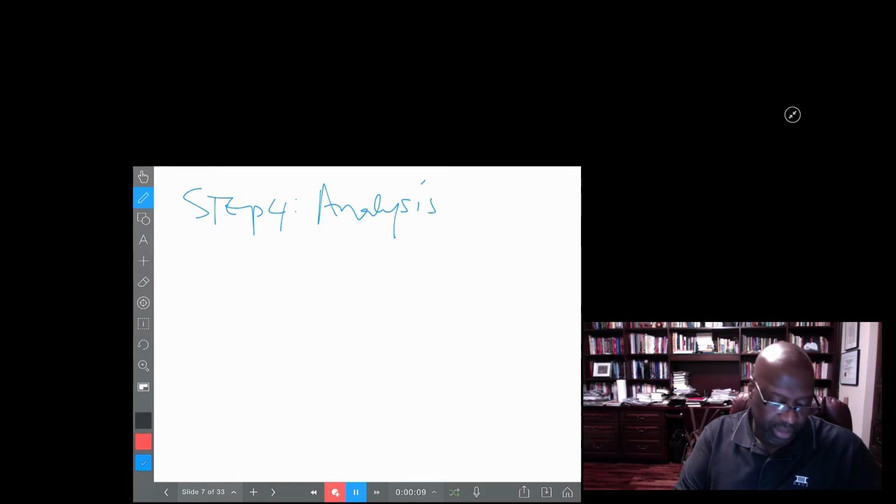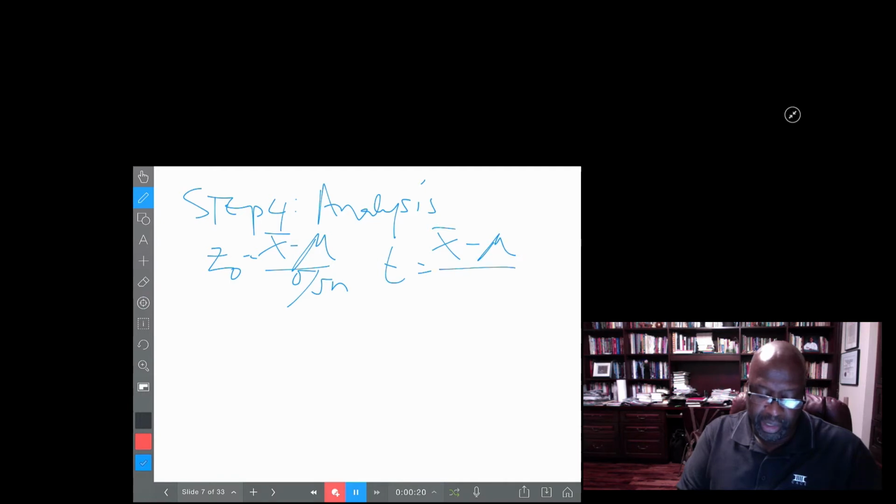So if we have a Z value to calculate, x bar minus mu over sigma over root n, or if we have a t value to calculate, this is where we go ahead and calculate it. All right? And step 5 is our decision conclusion.